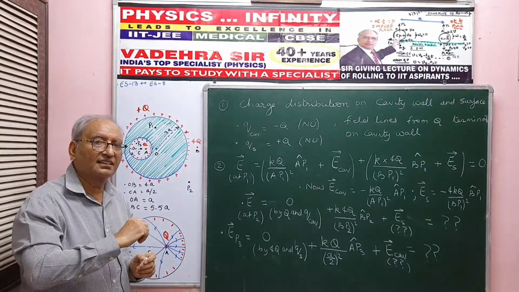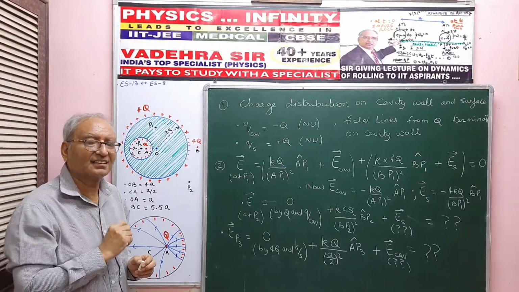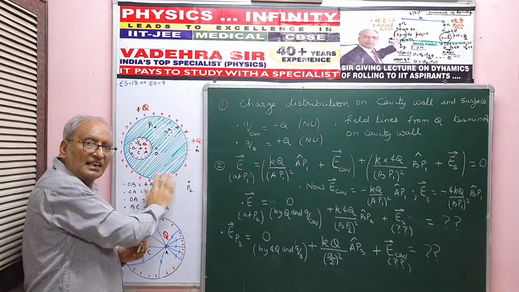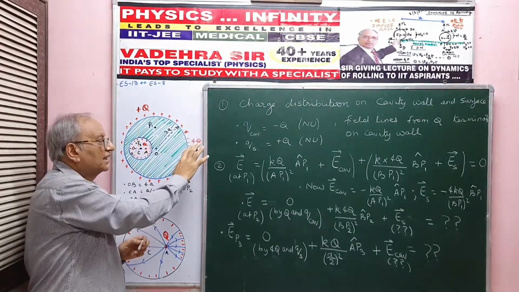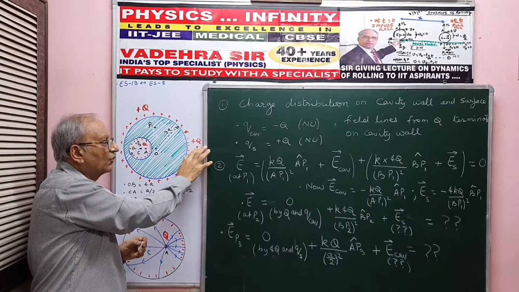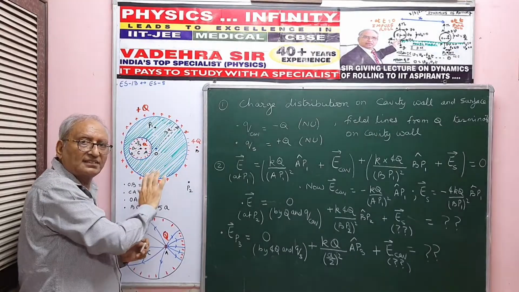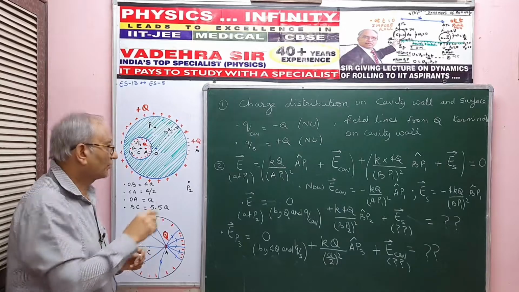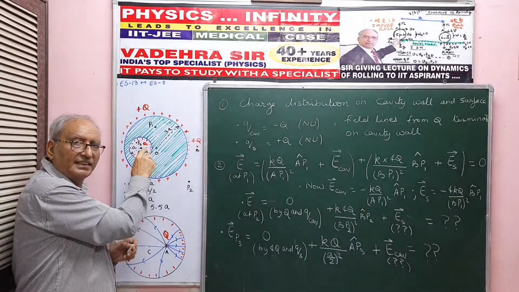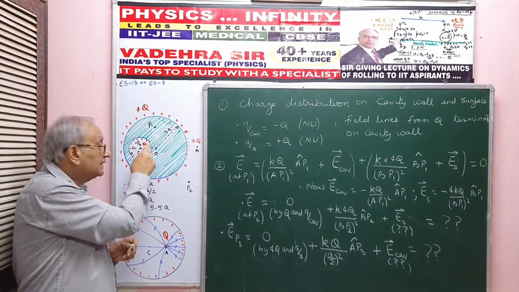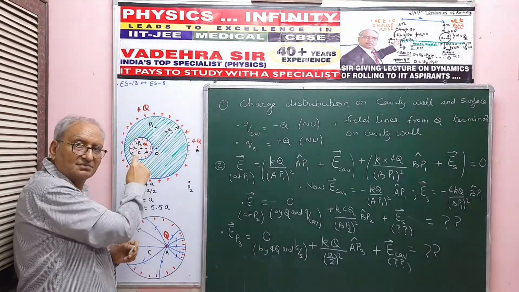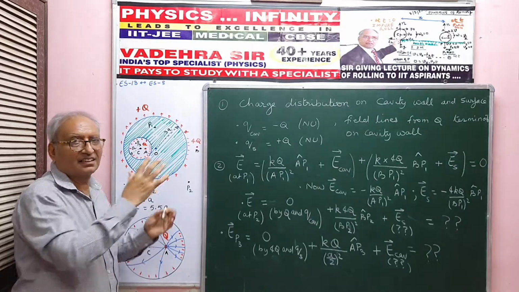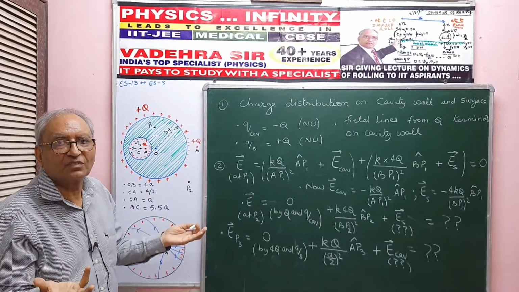Another interesting thing, electrostatic shielding. The 4Q is shielded by the charge on the surface. So the field contribution of 4Q and of QS will give you 0. Similarly, Q inside the cavity and minus Q on the cavity wall, their contribution also 0 because the conductor will shield this.